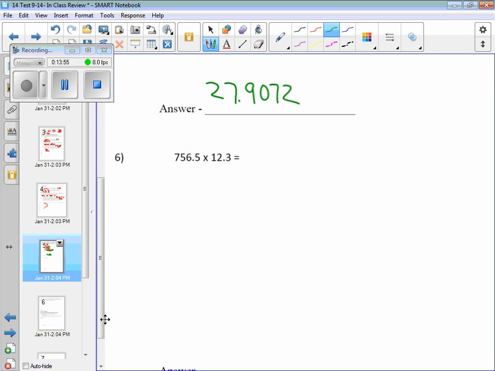Now we have a 4-digit times a 3-digit. Well, our number with the more digits has got to go on top. And once again, our decimals just happen to line up naturally.